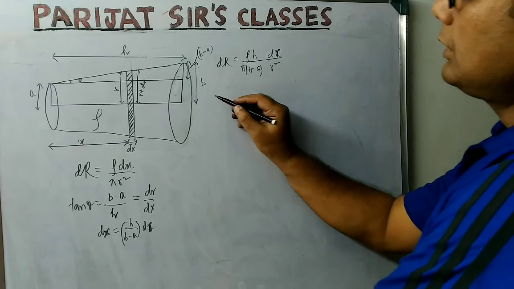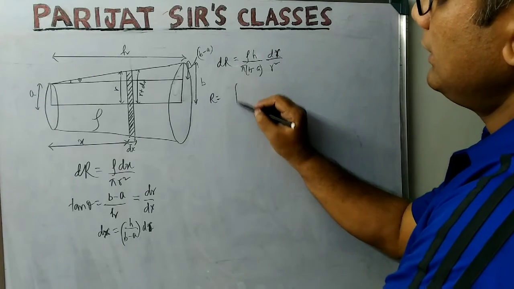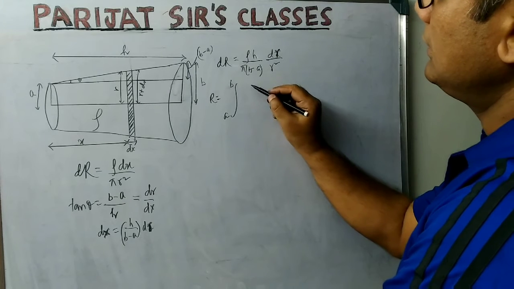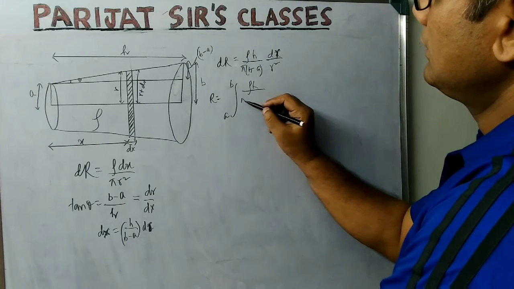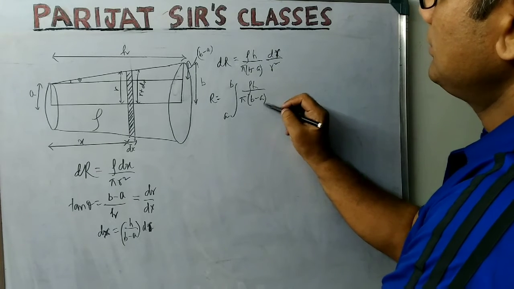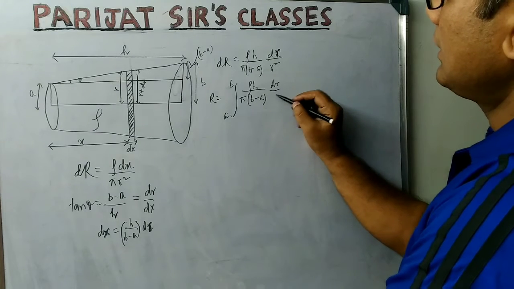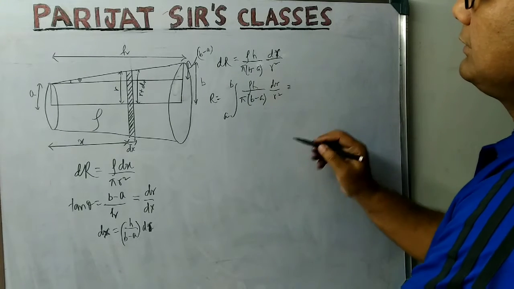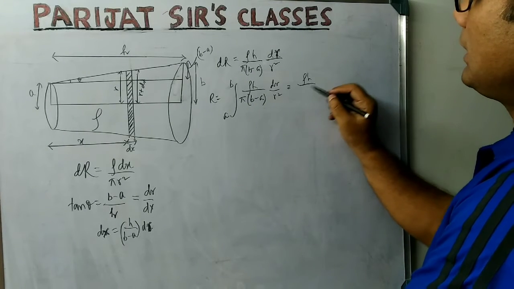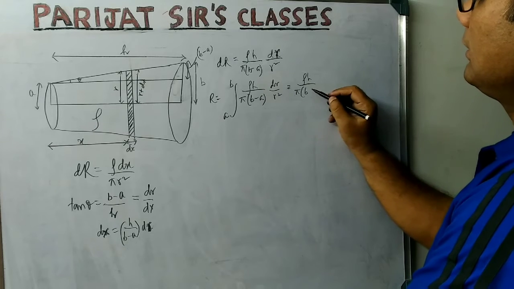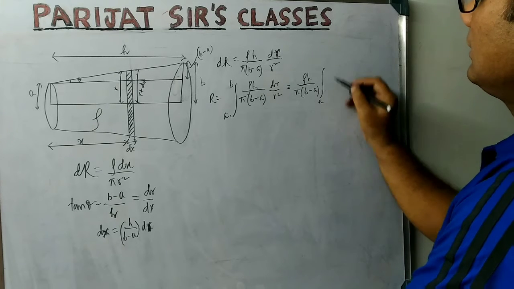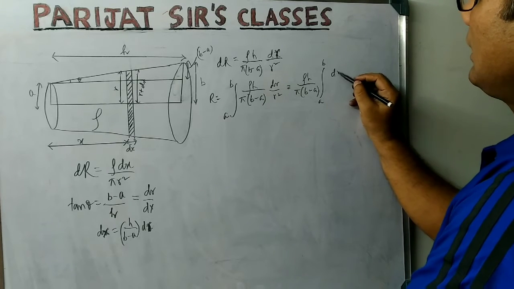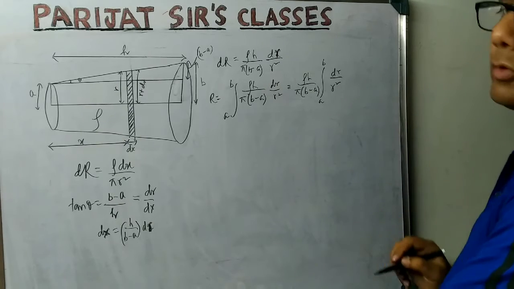Okay, so the total resistance will be an integration of this from A to B, rho H by pi into B minus A, dr by r square, where I see that rho H by pi B minus A is a constant and it is dr by r square.